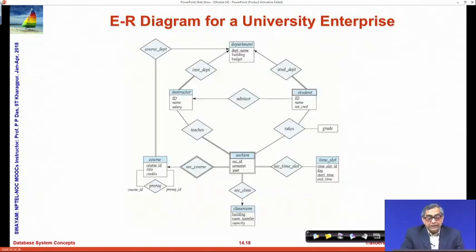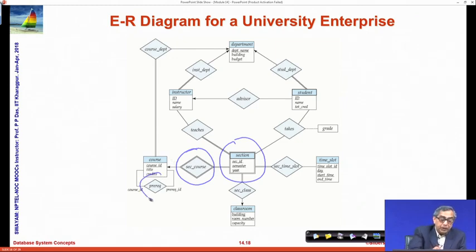Having said that, this is the ER diagram of the university enterprise. Some of the points that you could take a look at. This is the weak entity set we have just seen. This is the relationship to the identifying strong entity set. This is a prerequisite multi-role relationship. This you can see is a total involvement. Why is it a total involvement?